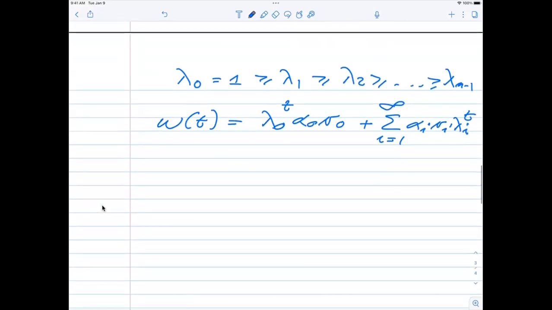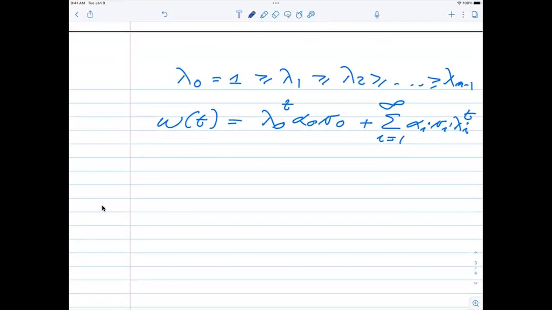And then we can hope that in the limit where t goes to infinity, this vector w(t), which is a probability, is equal to lambda_0 alpha_0 v_0, and that we can neglect all the other contributions. And this lambda_0, which is the largest eigenvalue of the stochastic matrix, is equal to 1. So this is a definition of a stochastic matrix.